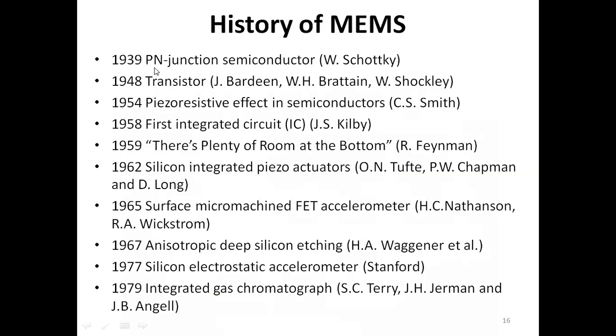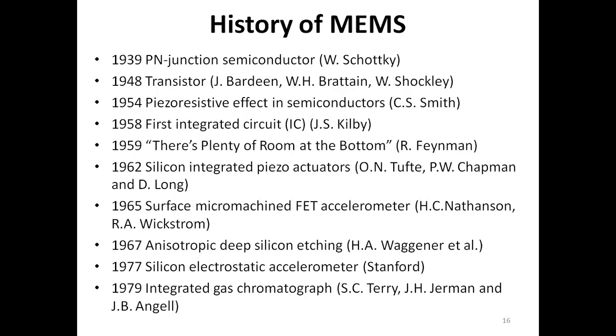The first PN junction. The PN junction was produced in semiconductors, P-type semiconductor and N-type semiconductor. You have already studied P-type semiconductor and N-type semiconductor.